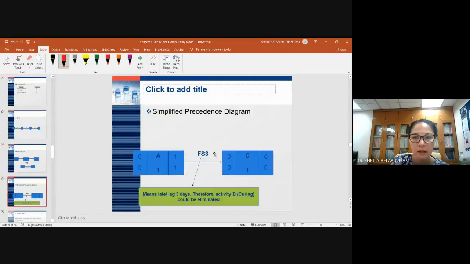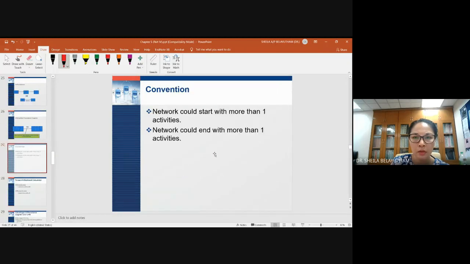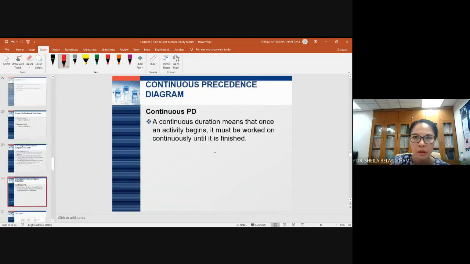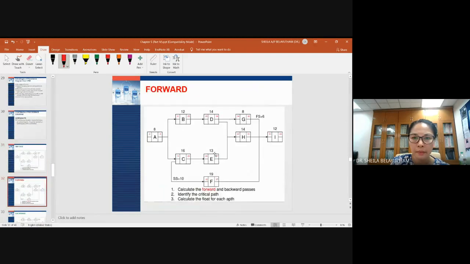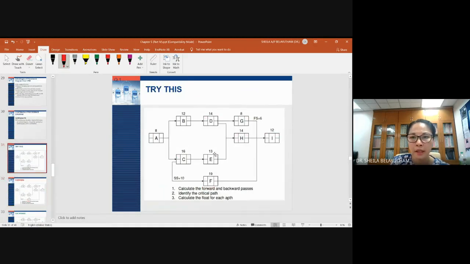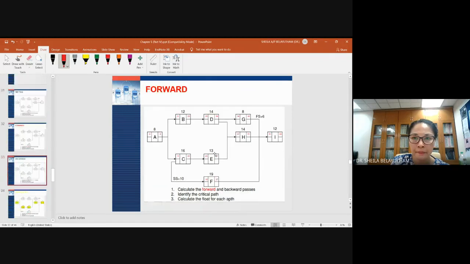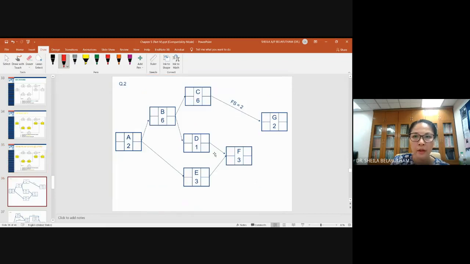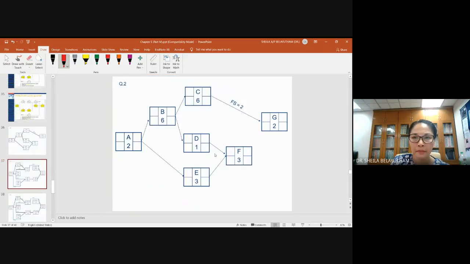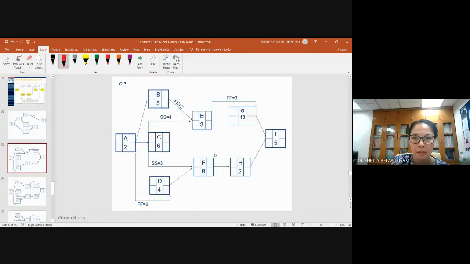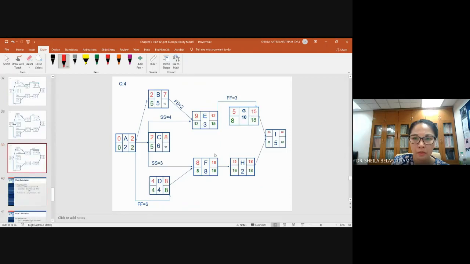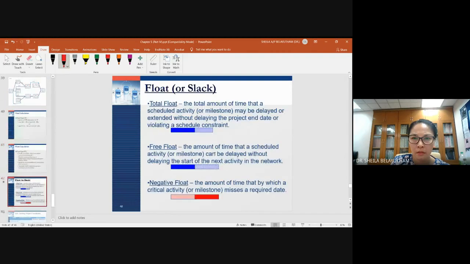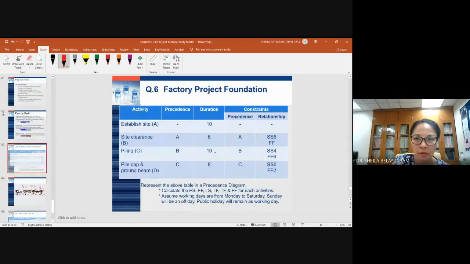These are just the examples. I don't need to go through this again. You may try this example on your own as well. Total float and this example as well, with lag.